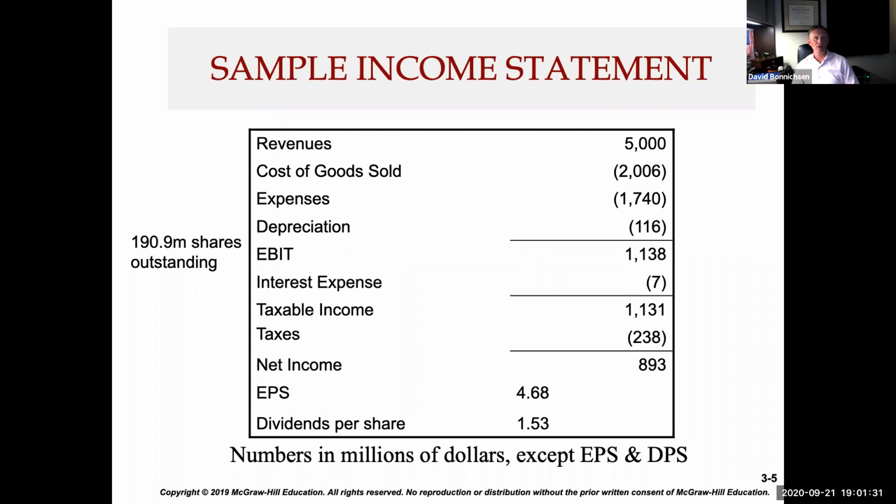So in the case of Sunset Boards, they paid out a certain number of dollars in the form of a dividend, okay? In the case of this company, if we take the dividends per share of 1.53 and we multiply it by 190.9 million, we can figure out the actual dollar amount that this company paid out in total dollars related to dividends.